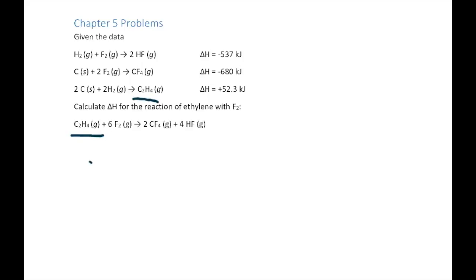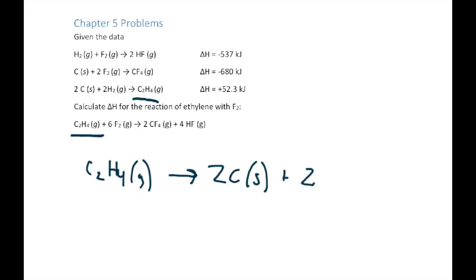So let's write our first component reaction. Okay, that's our first component, and notice it is inverted.